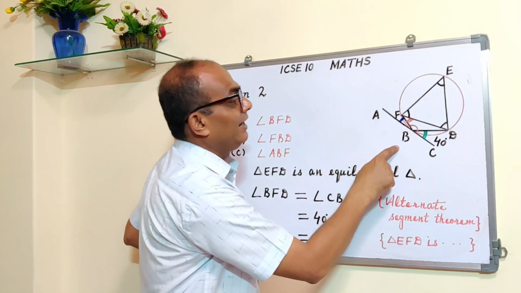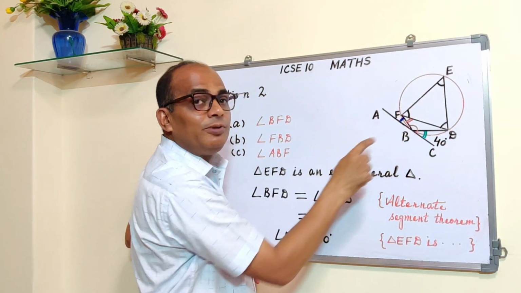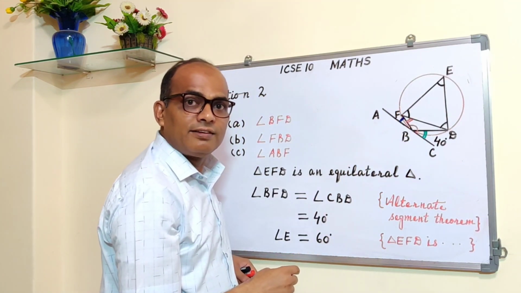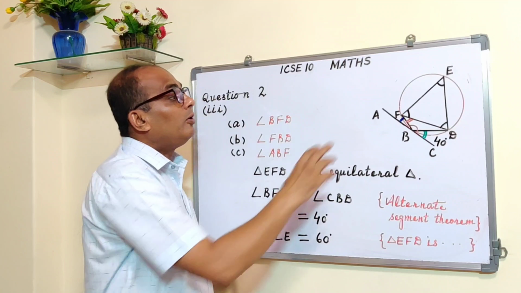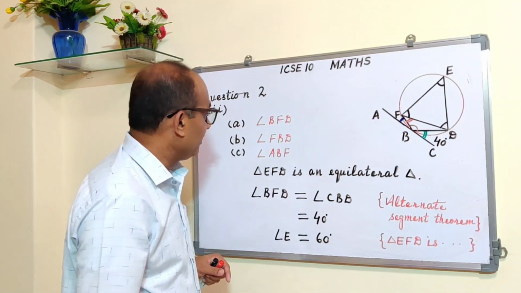In cyclic quadrilateral BDEF, can you say that E plus B is equal to 180 degrees? Yes. Opposite angles, no? In a cyclic quadrilateral, opposite angles are supplementary.